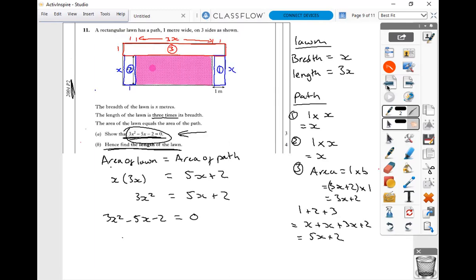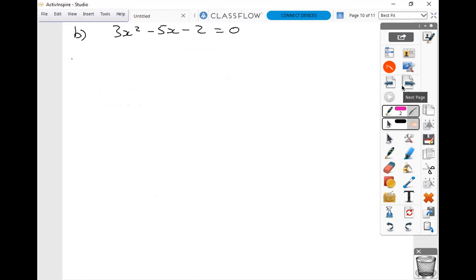It doesn't ask for 1 decimal point, but in paper 2, I'm going to assume it's going to give me a decimal. I'm going to use the formula. Okay, x equals negative b plus or minus root b squared minus 4ac all over 2a.